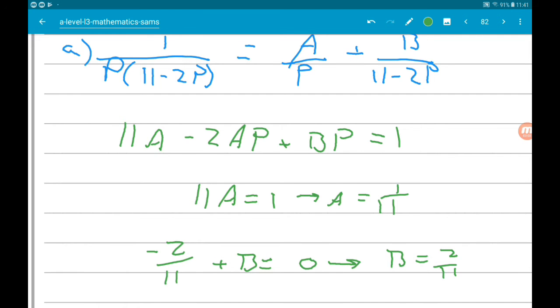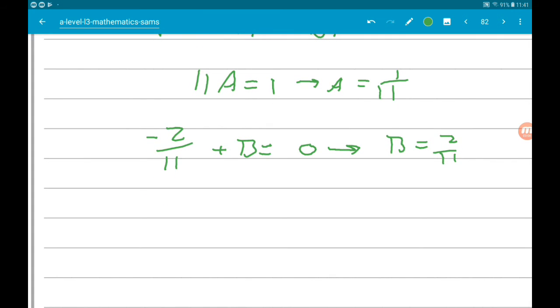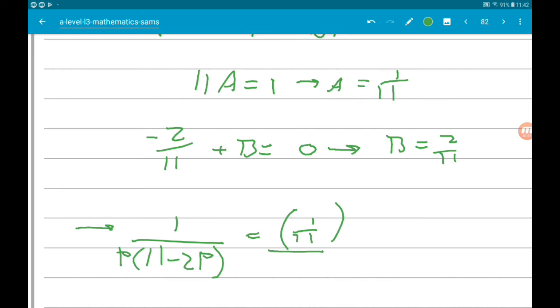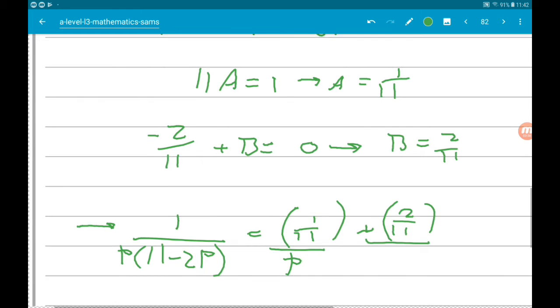So that means then that 1 over p times 11 minus 2p can be written as 1/11th over p add 2/11ths over 11 minus 2p.